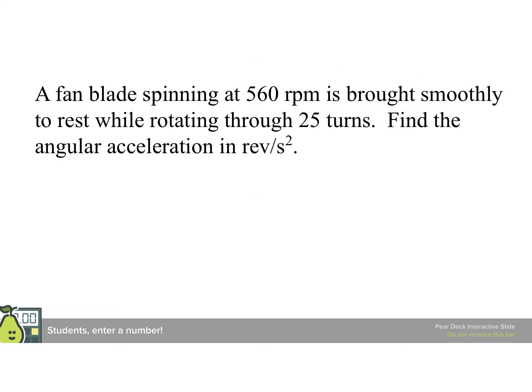A fan blade spinning at 560 RPM is brought smoothly to rest while rotating through 25 turns. Find the angular acceleration in revs per second squared. And here we want to point out that, again, somewhat annoyingly, we're in RPM, but we want revs per second squared, and turns, which is the same as revs. So we don't have to convert revolutions to 2 pi, but we will have to convert RPM to RPS.